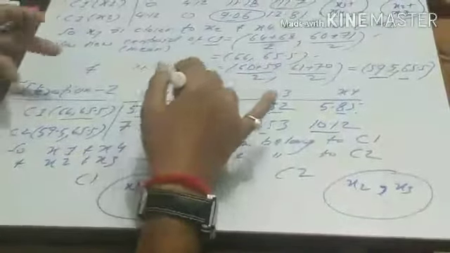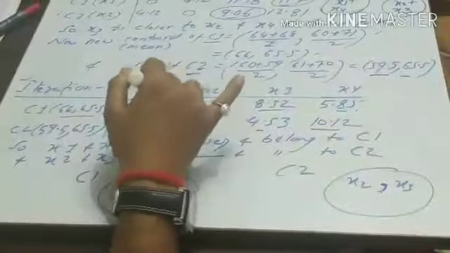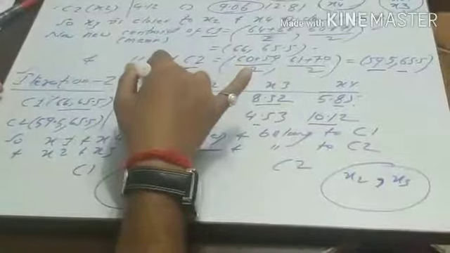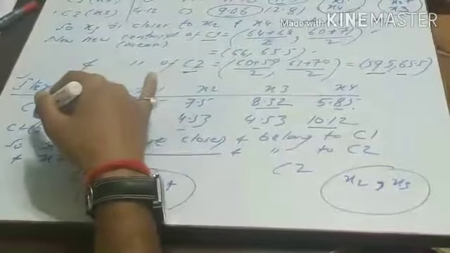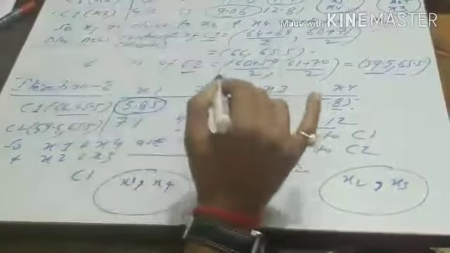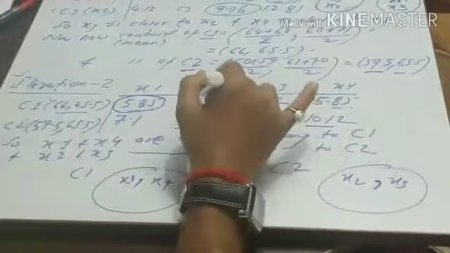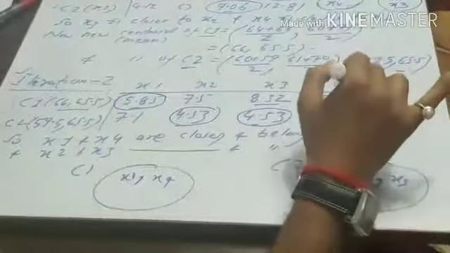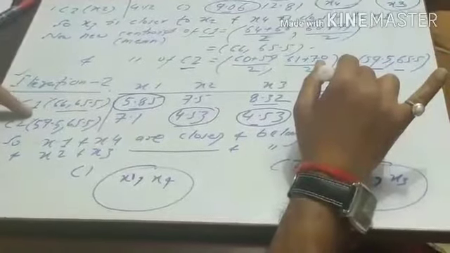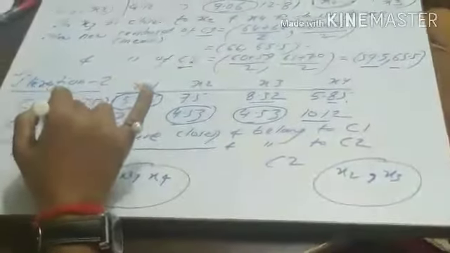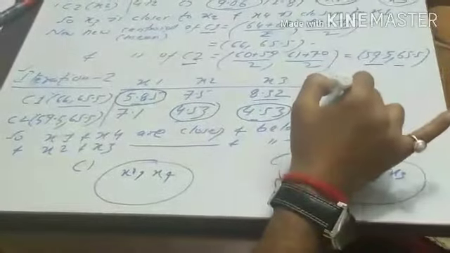Now we find the minimum distances. For x1, between the centroid of C1 and the centroid of C2, the minimum is 5.85. Here the minimum is 4.53, here the minimum is 4.53, and for x4, the distance from the centroid of C1 is 5.85 and from the centroid of C2 is 10.12.